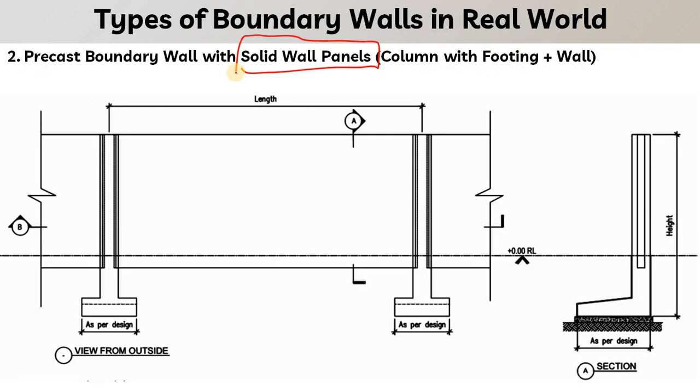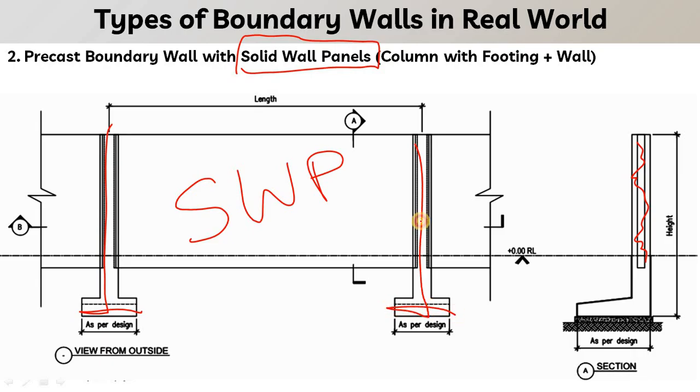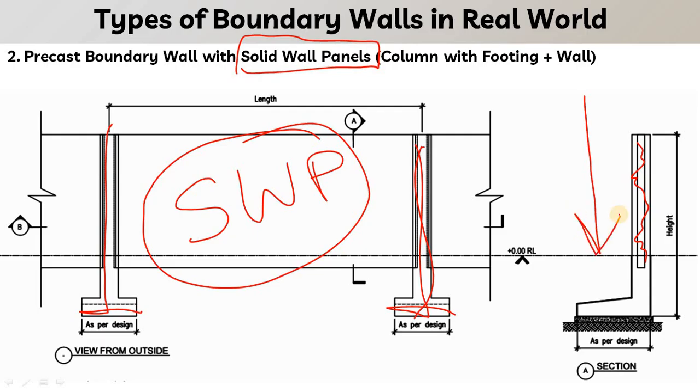Just the difference is that here we are using solid wall panel instead of hollow core slab. So here you can see this is the solid wall panel. Okay, so we have the column with foundation or column with footing and a solid wall panel that is slided between the column. So this is column with solid wall panel.